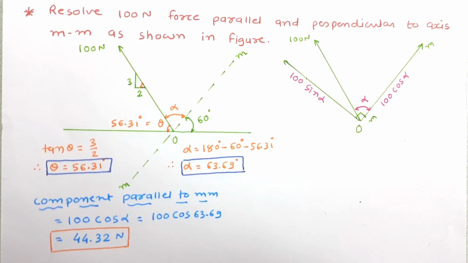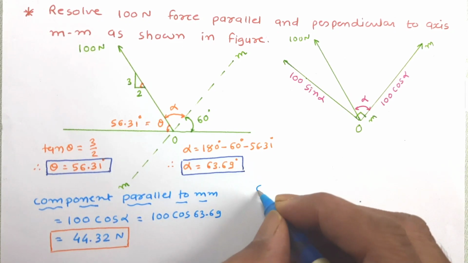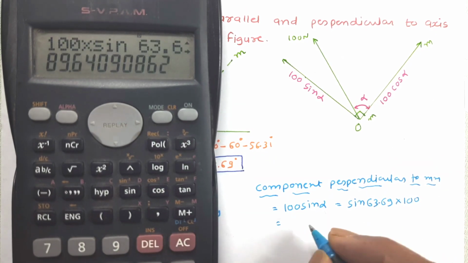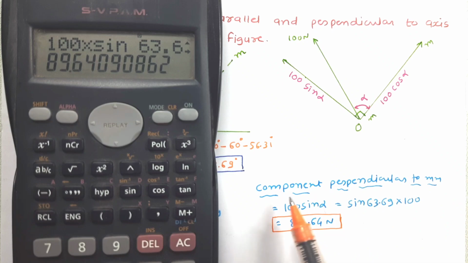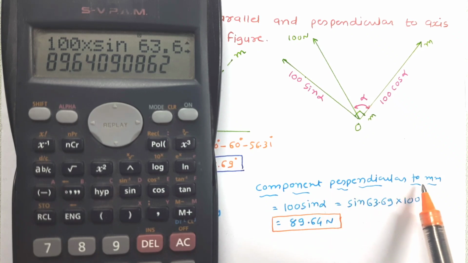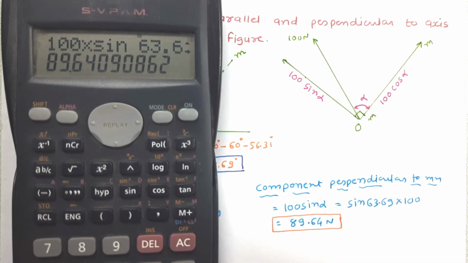Now let us work out the component perpendicular to mm. It is 100 sine alpha. The value of alpha 63.69 is substituted in this equation, and by calculation the value of the component perpendicular to mm has been obtained as 89.64 Newton. So this way we can resolve the force and work out the component in the given direction.